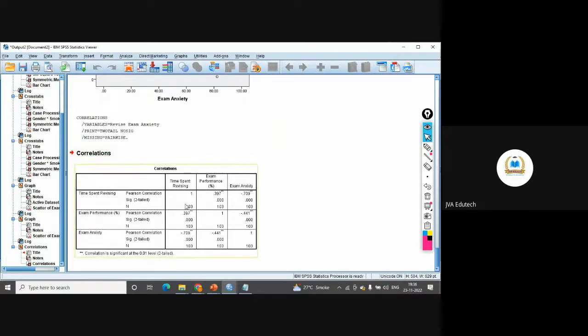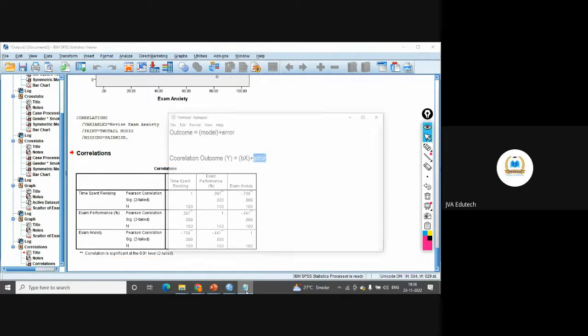Now, if you see this, the first one, time spent revising with exam performance. Never try to correlate time spent revising with time spent revising. Let me tell you the cutoffs.